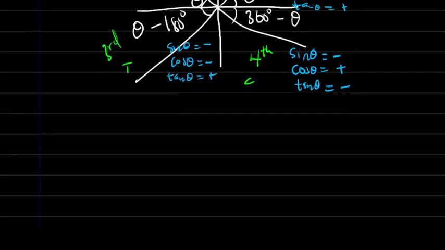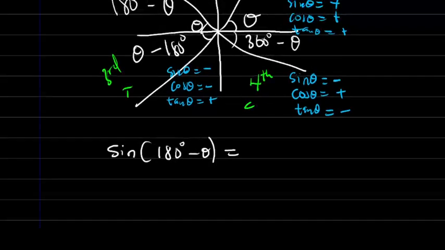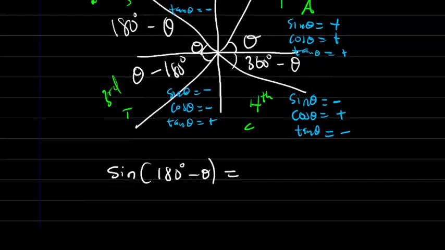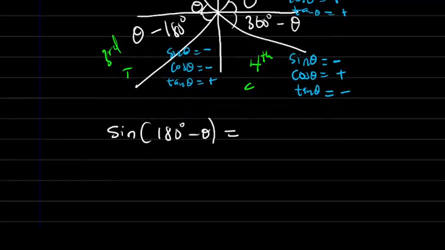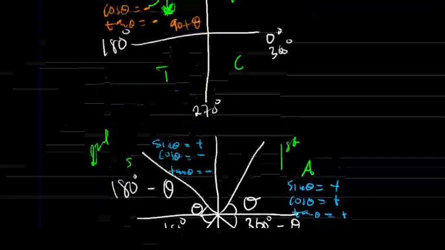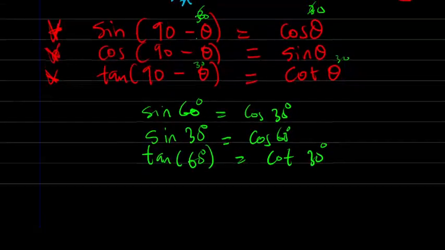Now, from here, we can discuss what will happen next. You are done with the first quadrant. Now, what is sine 180 degree minus theta? What is it equal to? The question is, which quadrant are we? We are in the second quadrant. Now, if you are dealing with 180 and above, we are not going back to what we had already, when we are dealing with 90 minus theta and 90 plus theta.